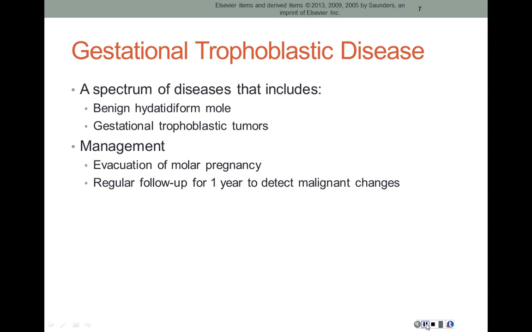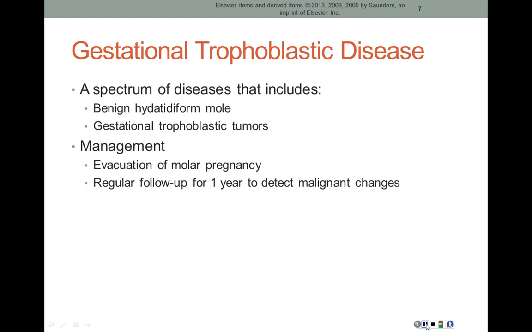So a complete is when the ovum is fertilized, but only the sperm component multiplies. And then an incomplete or partial is where the maternal component is present, but the paternal contribution is double.